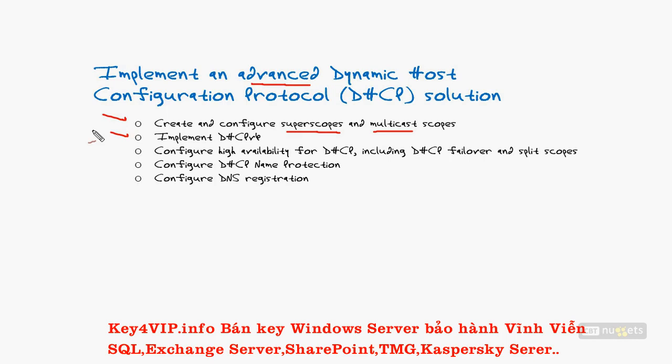There's a little bit of extra effort that's required at the router side, at the network side, in order to accomplish those if you're in an IPv6 network. Talked about some of those really cool high availability options like failover and like split scopes that now exist in DHCP. And then a couple of the minor configurations like name protection, DNS registration, filters, and policies, all of which are useful so that you can ensure the right clients end up with the right configuration.